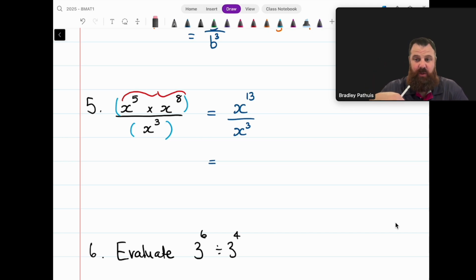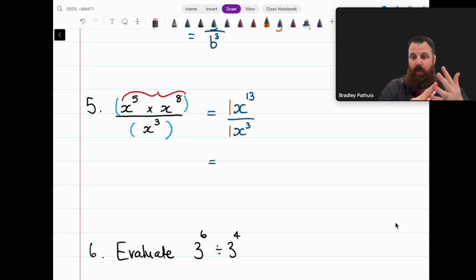Now that's just a division, and we know with division, we subtract our powers. We don't have to worry about any numbers, because remember there are invisible 1s written in the front of those numbers, and they don't really matter because 1 divided by 1 is going to be 1. So we ignore the number part out the front and we just subtract our powers.